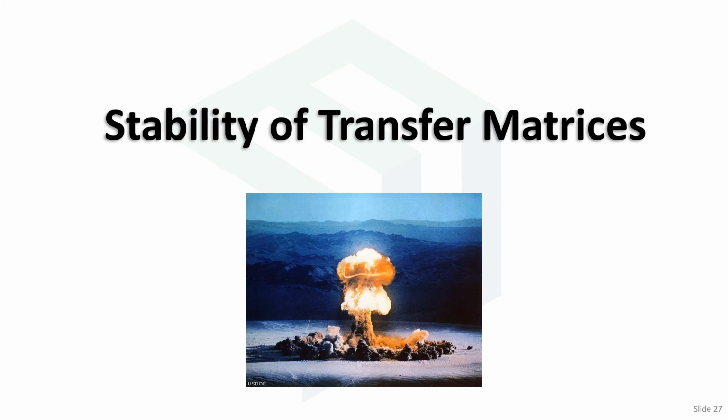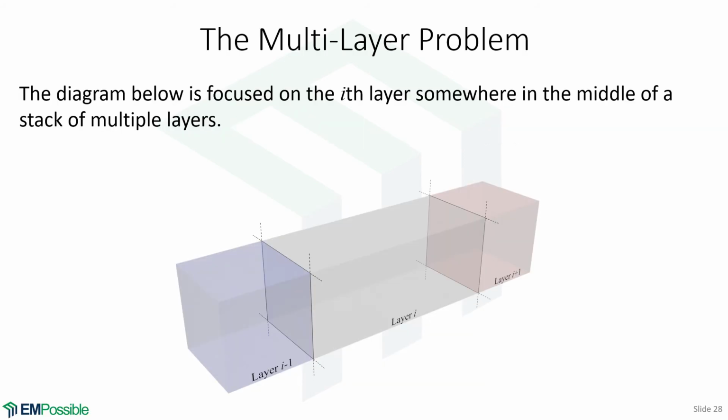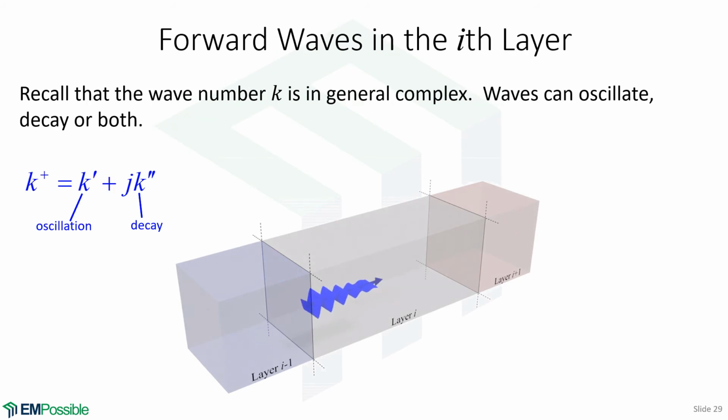Let's talk about the stability of these transfer matrices. So here we are looking at this embedded layer, layer i, and of course there's a layer i-1 before that and an i+1 after that. Let's think about the waves. So we're calculating the z component of our wave vector in an embedded layer from the dispersion relation.